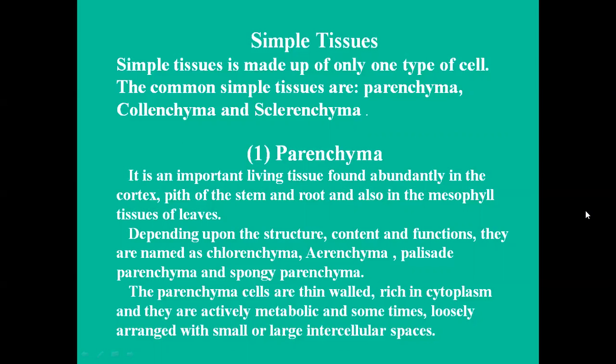Parenchyma. It is an important living tissue found abundantly in the cortex, pith of the stem and root, and also in the mesophyll tissues of leaves. Depending upon the structure, content, and functions, they are named as chlorenchyma, aerenchyma, palisade parenchyma, and spongy parenchyma.